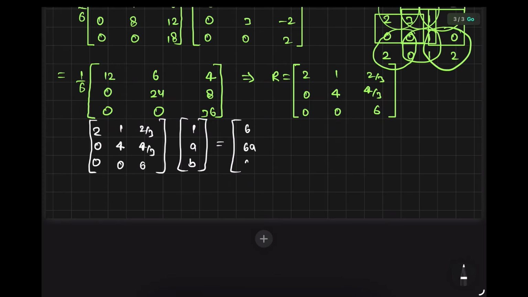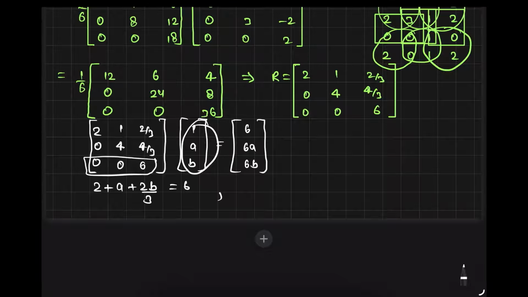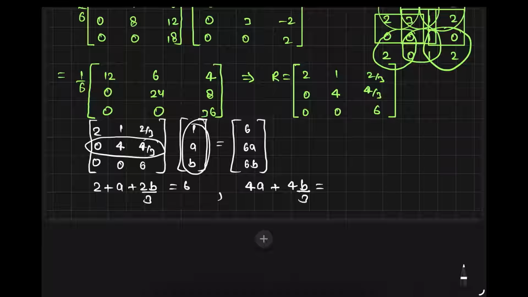So you got 6B equals to 6B. You won't get it from here. So we have to multiply this with this. So you got 4A plus 4B by 3 equals to 6A.